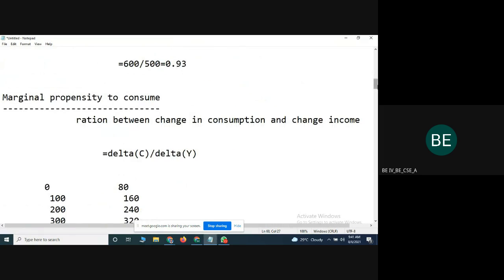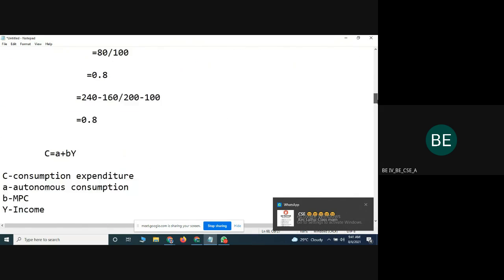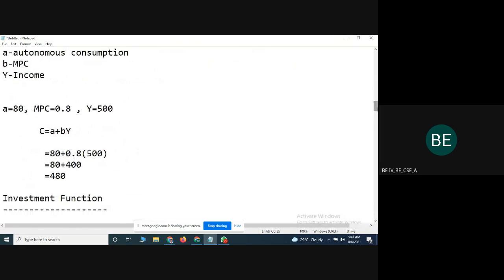And then we saw what the marginal propensity to consume is. It talks about the ratio between the change in consumption and the change in income, which can be represented as delta C divided by delta Y. From this, we derived the mathematical notation of the consumption function.